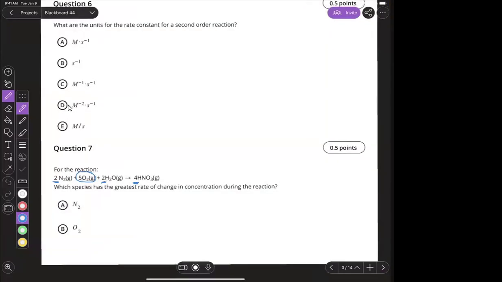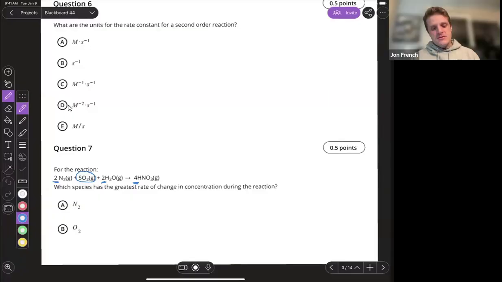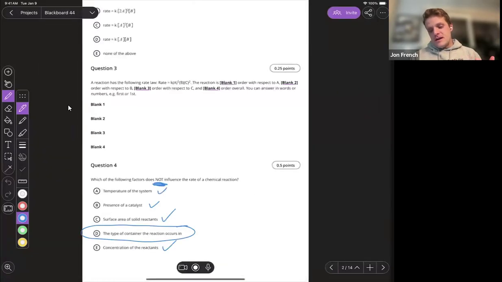Even when we're talking about the volume of the container changing and whether it might factor the reactants or the products, does that have any effect on the reaction rate? I mean, I see what you're thinking, but it didn't mention that. Certainly pressure and volume can change concentration, but in the question, it didn't say a smaller container or a larger container.